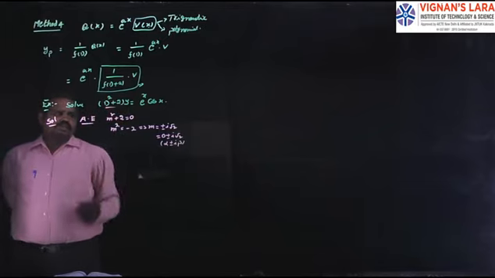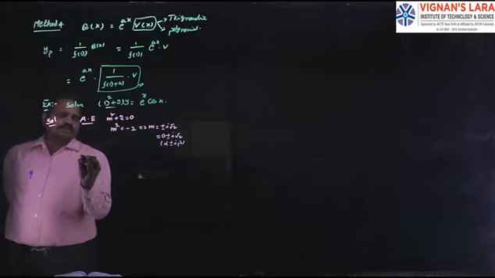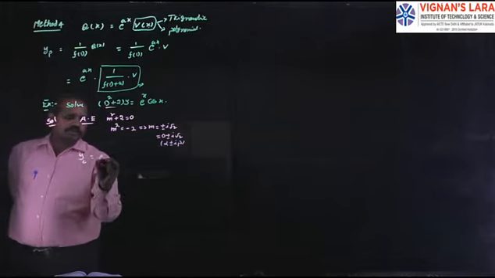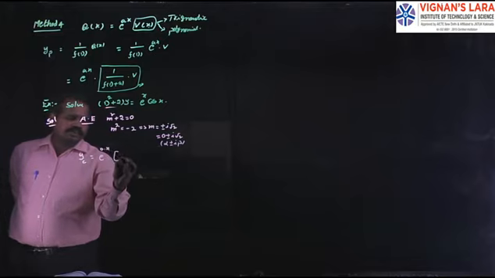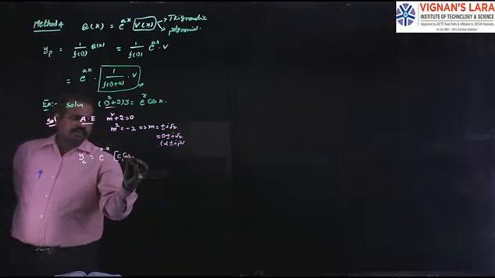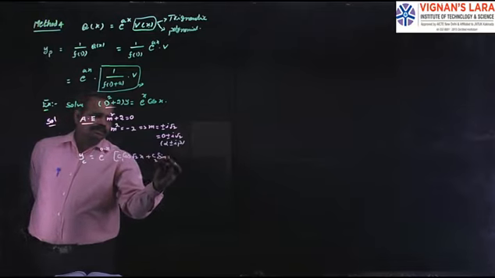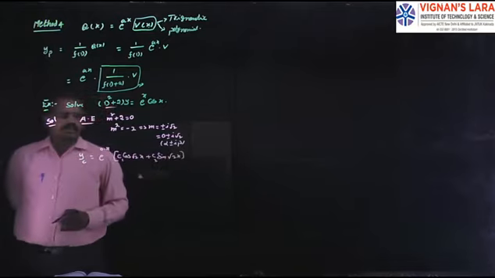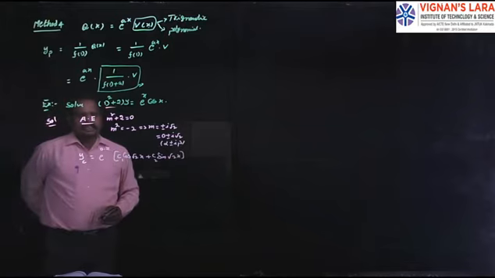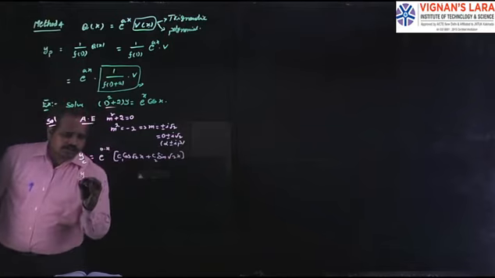So the alpha value is 0, and the beta value is root 2. So the complementary solution, for complex roots, is e power 0 into x, c1 cos root 2 into x plus c2 into sin root 2 into x. So the complementary solution is calculated.